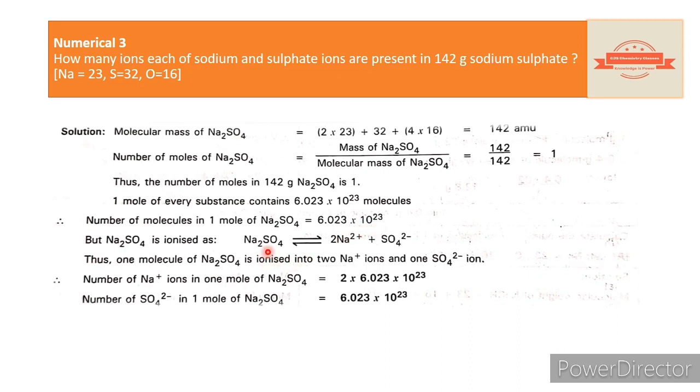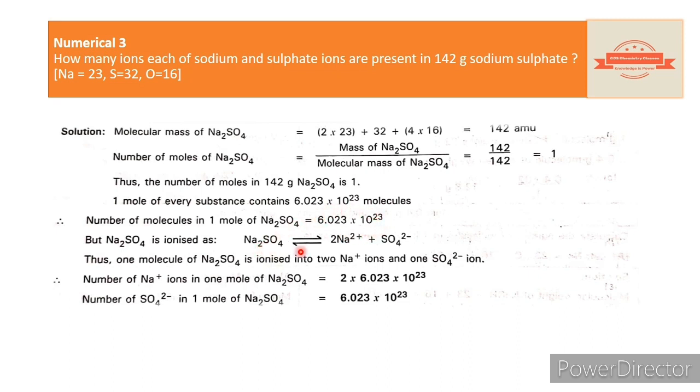Now sodium sulfate ionizes as Na2SO4 giving 2Na+ and SO4 2-. Thus 1 molecule of sodium sulfate is ionized into 2 Na+ ions and 1 sulfate ion. Number of molecules is 6.023 into 10 to the power 23.